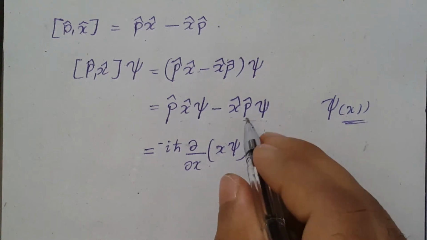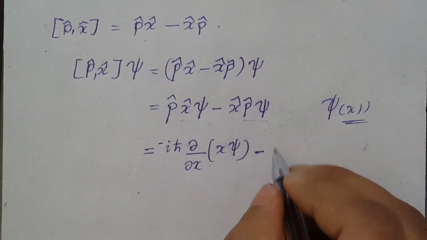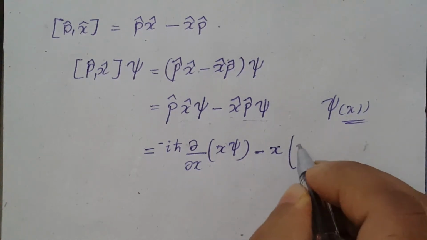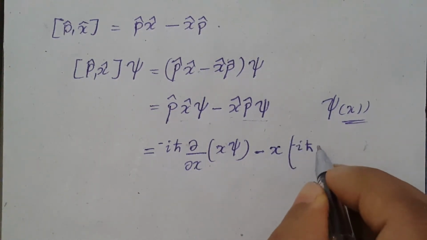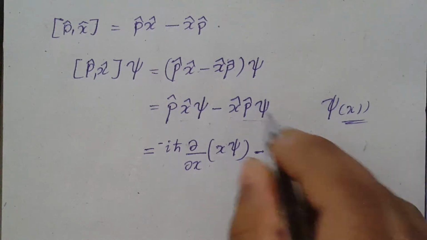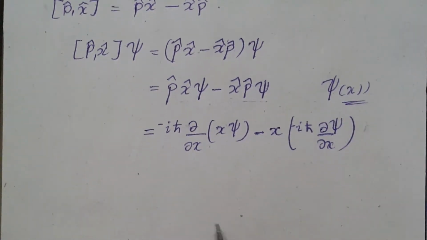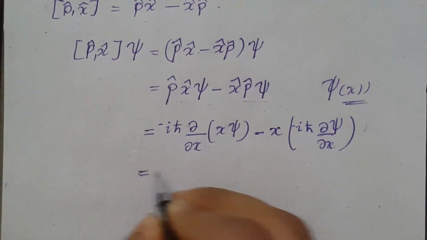Now here x cap is just x, and p cap psi is minus i h cut dou by dou x of psi. Now what can we do here?